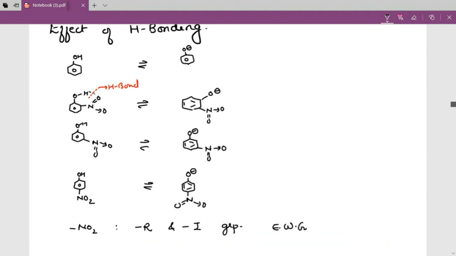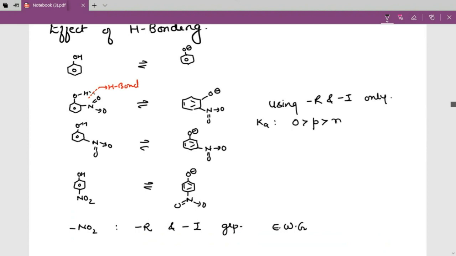Correct? So, using minus R and minus I only, with no H bonding, I can say the Ka order should be ortho, para, because from here I can use its minus R, and minus I is also effective as it is closer to O minus. In para I can use minus R, but distance increases, minus I decreases.